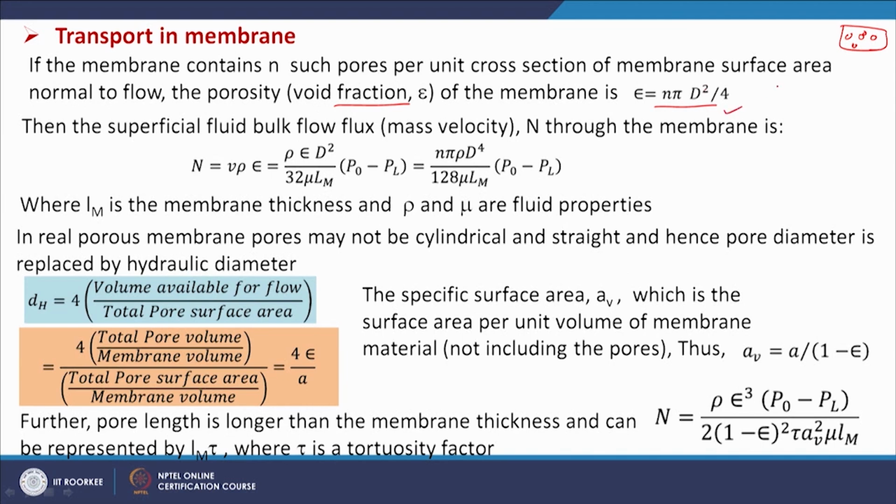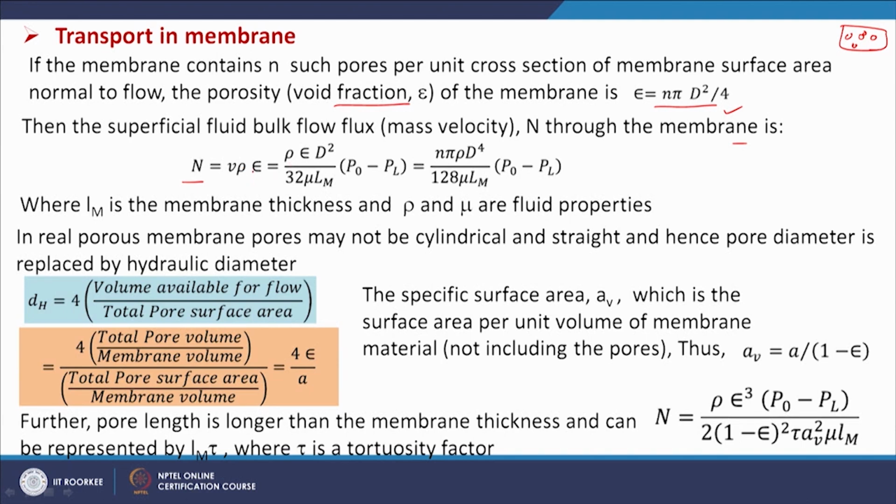Then the superficial fluid bulk flux, that is the mass velocity N through the membrane, is equal to V into rho into epsilon. We are considering unit cross section, so N is the mass flux. So, unit cross section into V into epsilon, that is the volume of the void, into rho. That is the volume of the flux, because the water will be passing through the void space only.